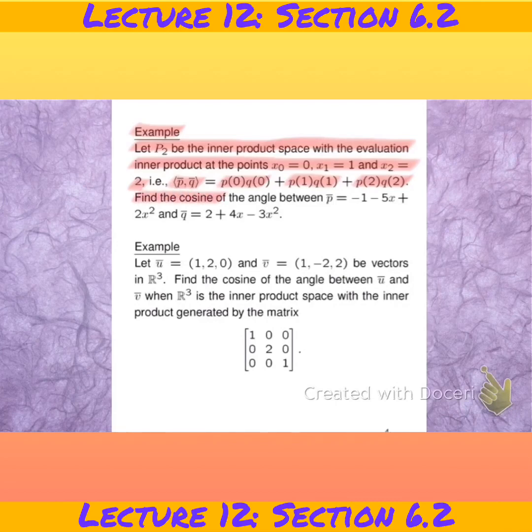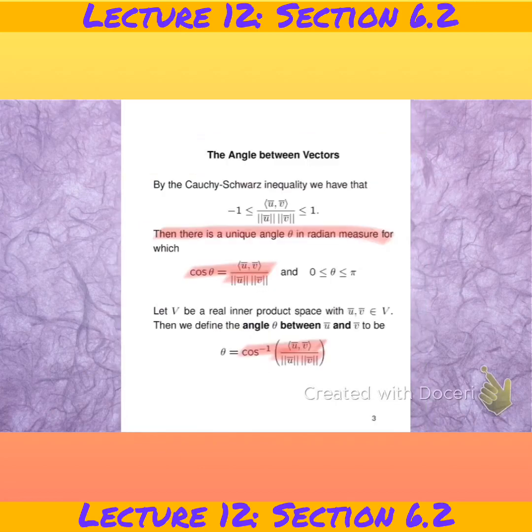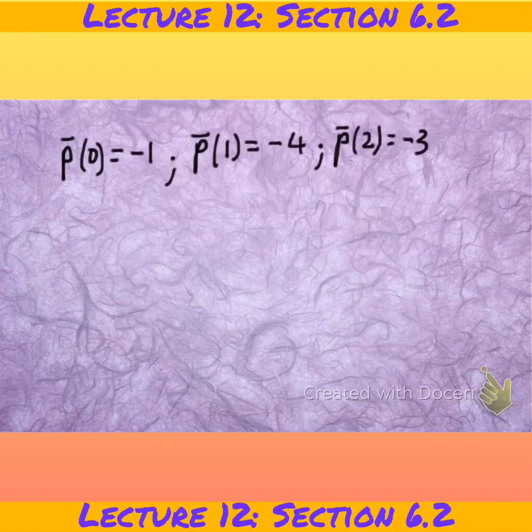Now they just ask us to find the cosine of the angle between the functions P and Q. So to do that, we need to first evaluate the inner product of P and Q, and then we need to divide that by the product of the norms of P and Q, and that will be the cosine of the angle. Right, so evaluating P at the points 0, 1, and 2 respectively, we get those three values there.